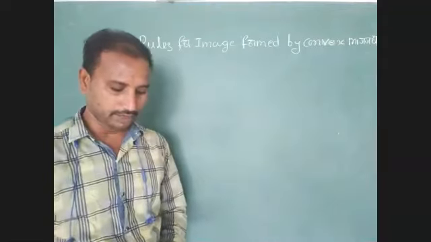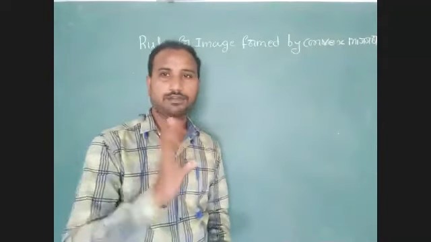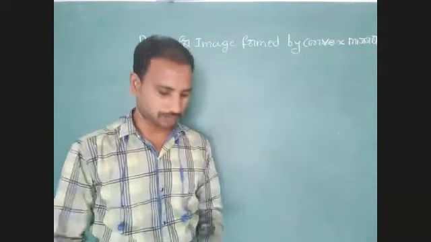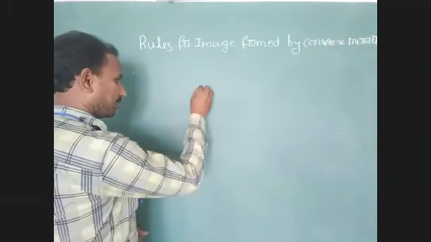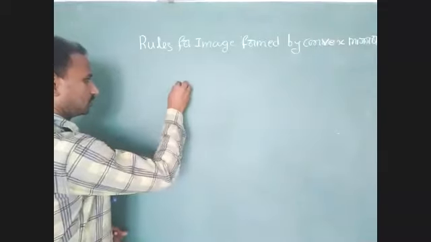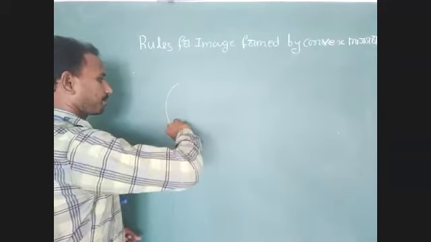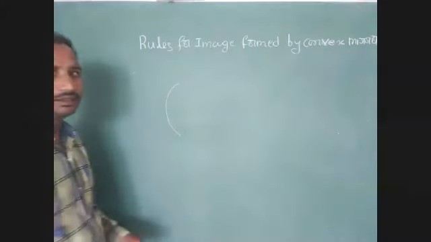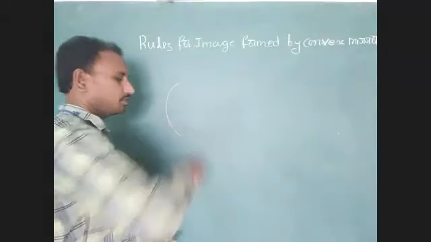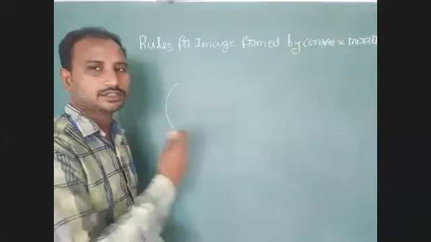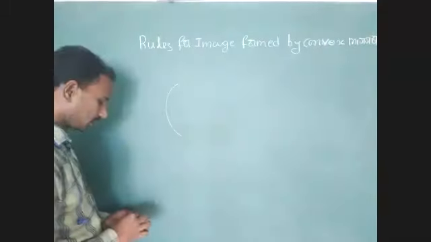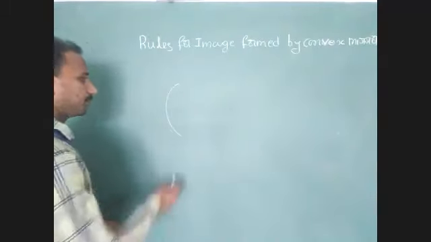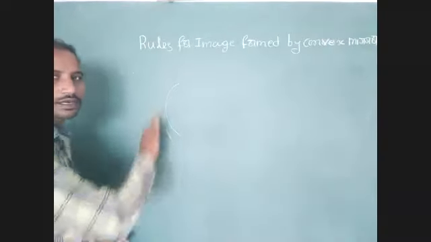First, we identify the reflecting surface of the convex mirror. Just identify this diagram. This is the curved surface. One side is coated with silver, and the other side is the reflecting surface. Here the reflecting surface is the outside of this curved mirror.